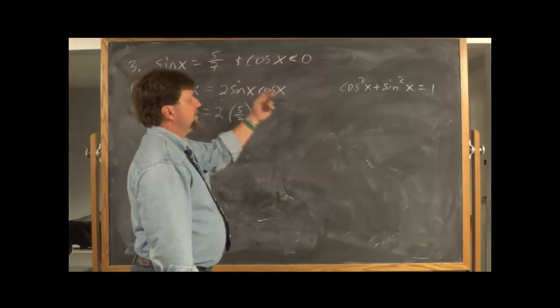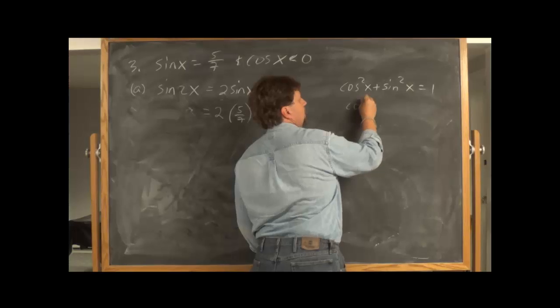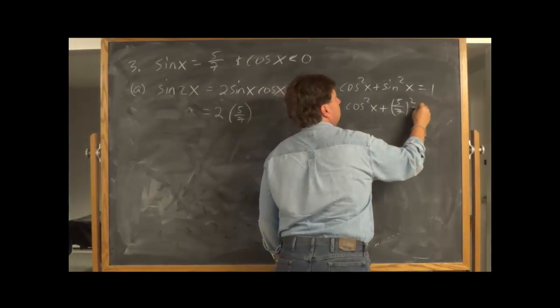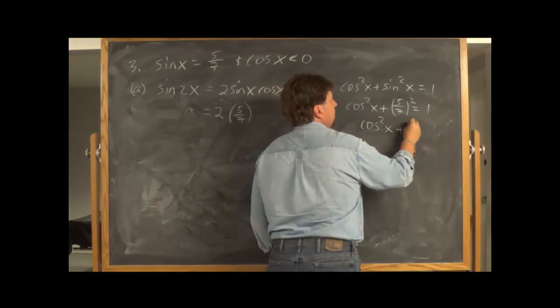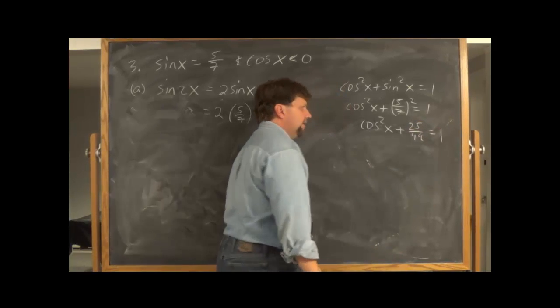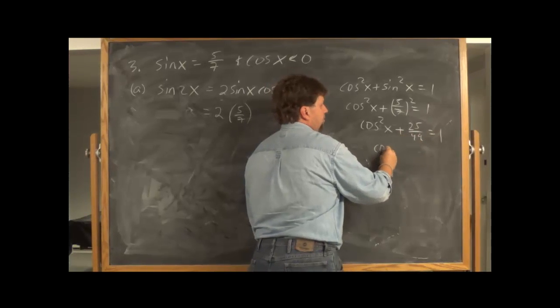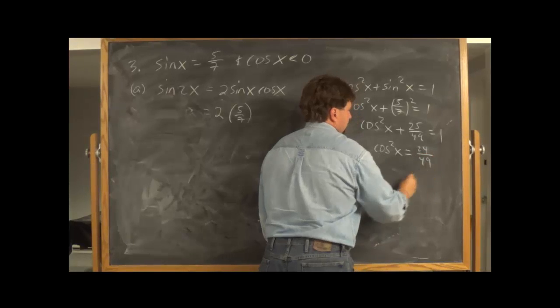All I have to do is substitute 5/7 in for sine, and I have cosine squared x plus 5/7 squared equals 1. Cosine squared x plus 25 over 49 is equal to 1. Subtract 25 over 49 from both sides. And then take the square root.